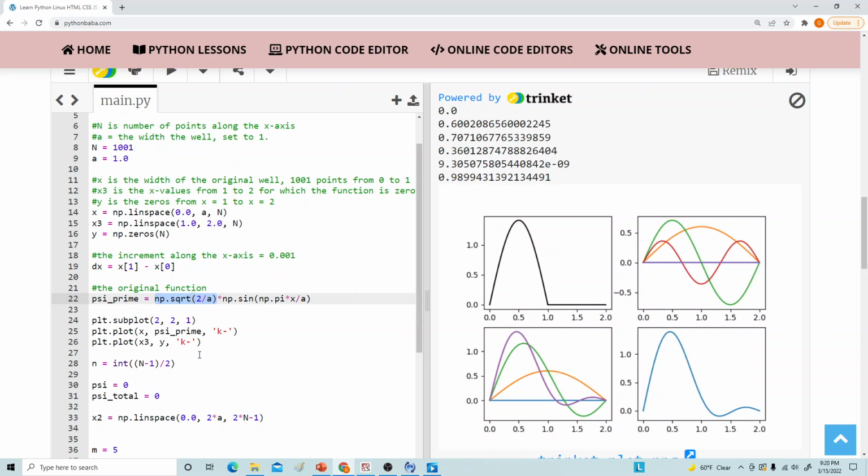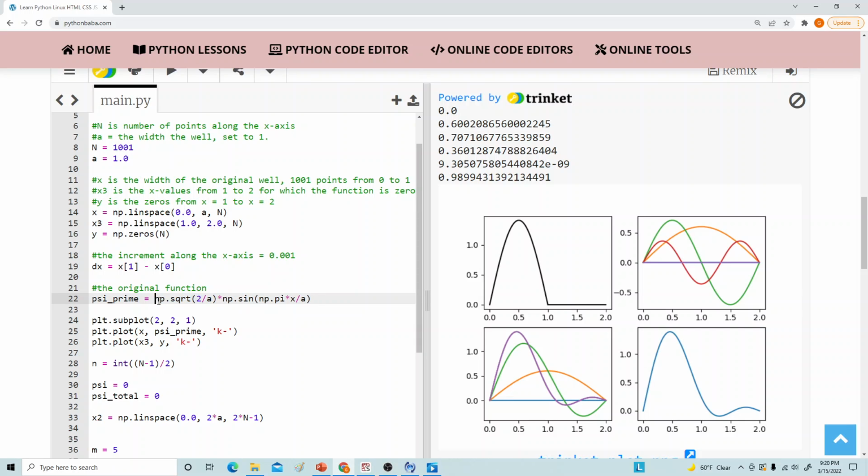On the other hand, if you leave your function with this coefficient in this form, then you can adjust a here however you want, and you don't have to retype this line of code. So that's why I've kept it in this form, even though I could simplify it in our particular case. But the original function was square root 2 over a times the sine of pi x over a.